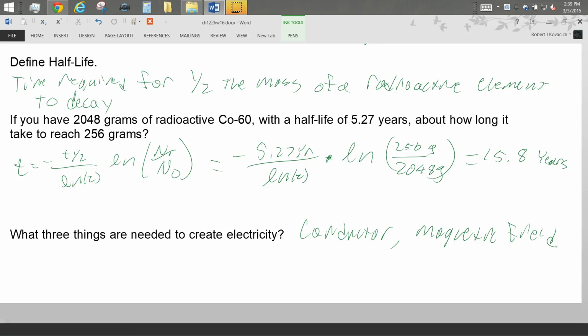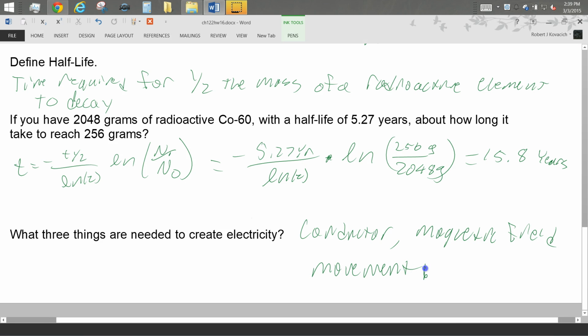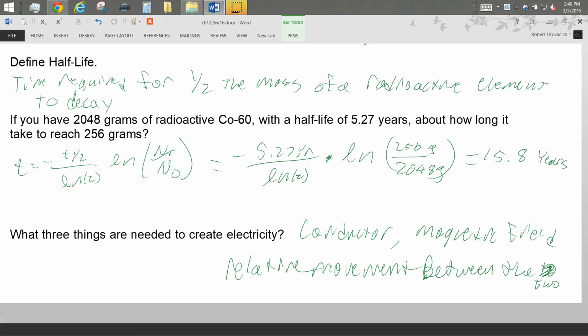The movement between the two. Are you kidding me? It's relative movement between the two. So a wire, a magnet, and relative motion between the two.